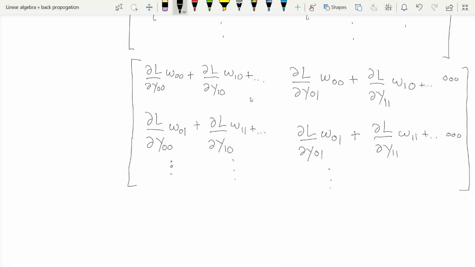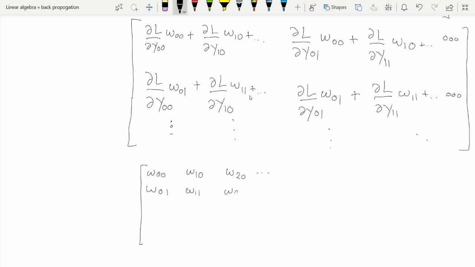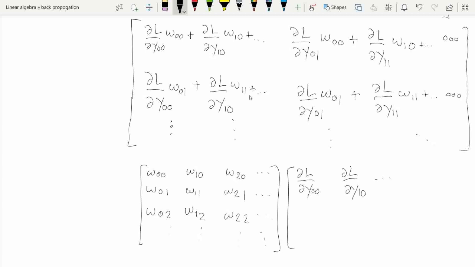And now it's easier to see that you can write this as a matrix with rows w_00, w_10, w_20 dot dot dot, then the next row w_01, w_11, w_21, then the next row w_02, w_12, w_22, and so on, multiplied by del L by del y_00, del L by del y_10, and so on.